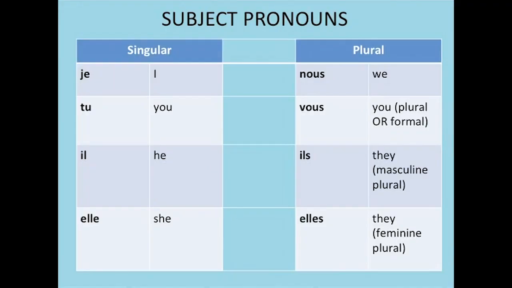Before we can look at the conjugation, let me tell you that in French grammar, there are 8 subject pronouns. Look at the chart to understand what these 8 subject pronouns are and find out their English equivalents. Je, tu, il, elle, nous, vous, ils, elles.